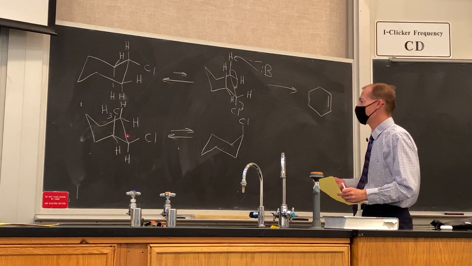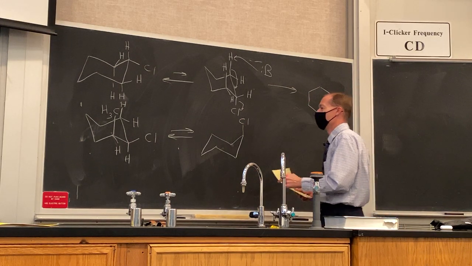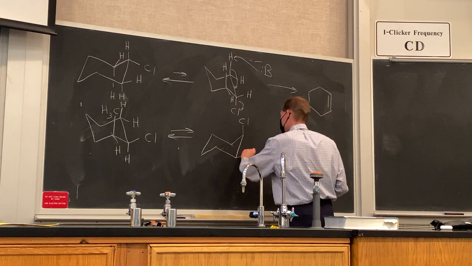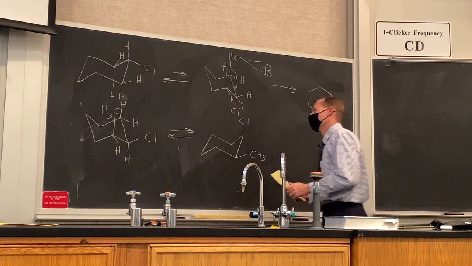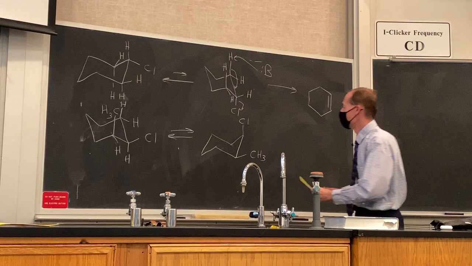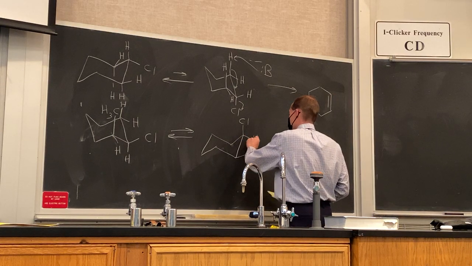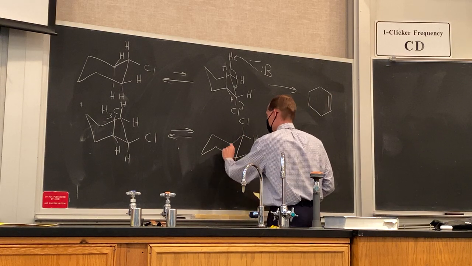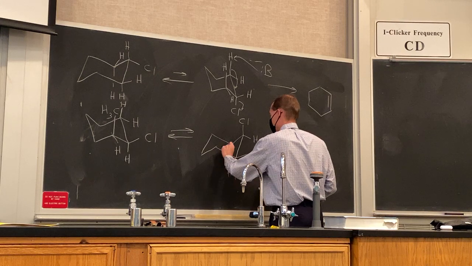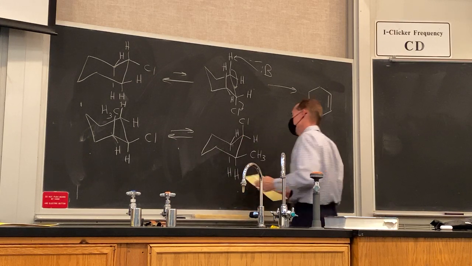Okay, so we do the ring flip. That chlorine goes from equatorial to axial. The methyl group goes from axial to equatorial. And we'll go ahead and draw in the alpha and beta hydrogens.